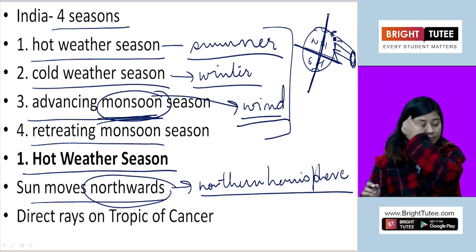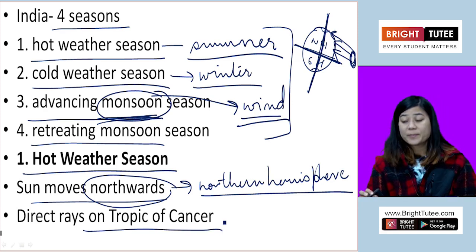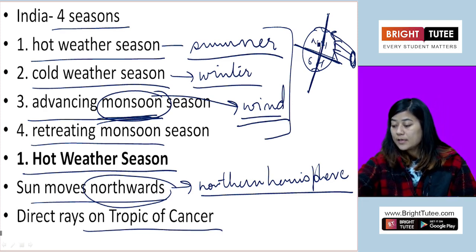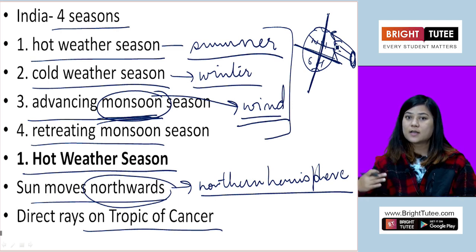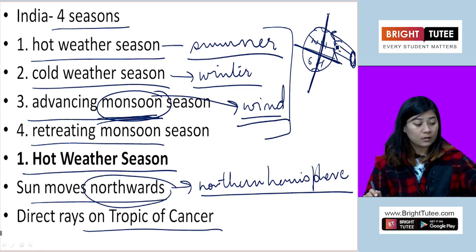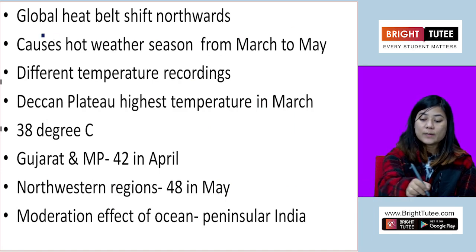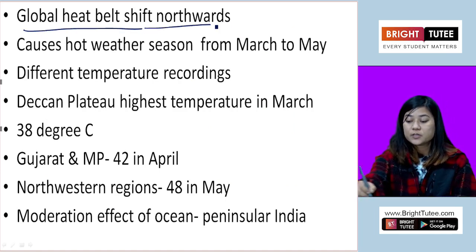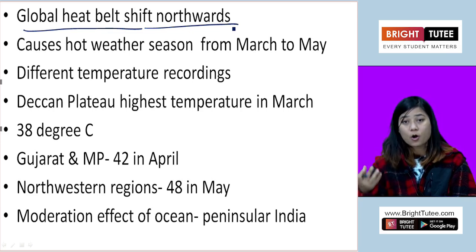The direct rays of the sun fall on the Tropic of Cancer. In the northern hemisphere we have the Tropic of Cancer. The Tropic of Cancer also divides our country into almost two equal halves. Because of that, the global heat belt shifts northwards. The northern hemisphere becomes warmer.